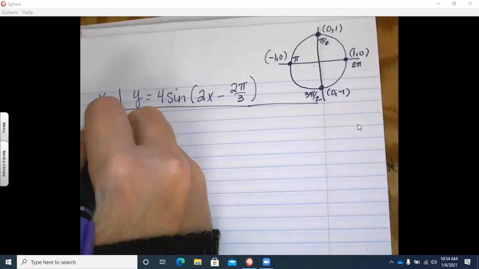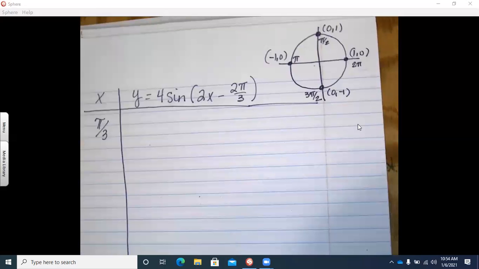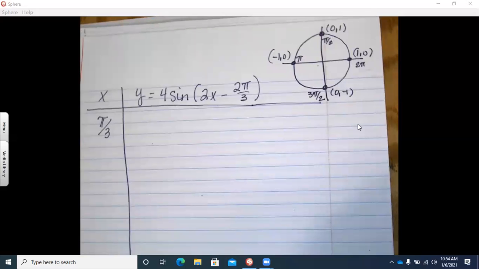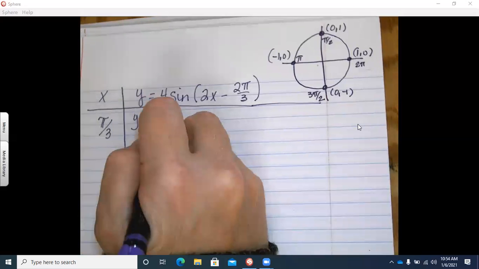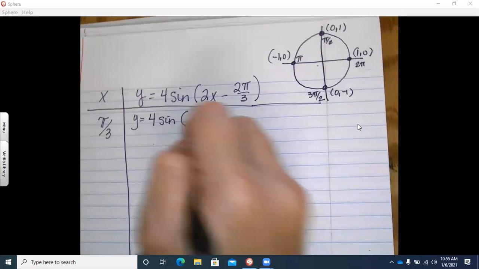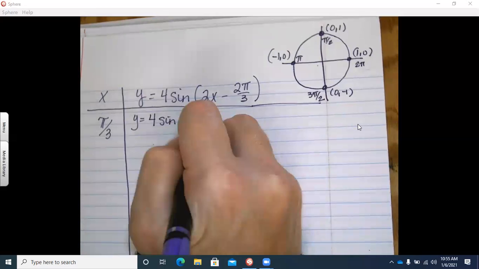So when x is pi thirds, that's y equals 4 times the sine of, open parentheses, 2 times pi thirds minus 2 pi over 3, or 2/3 pi.